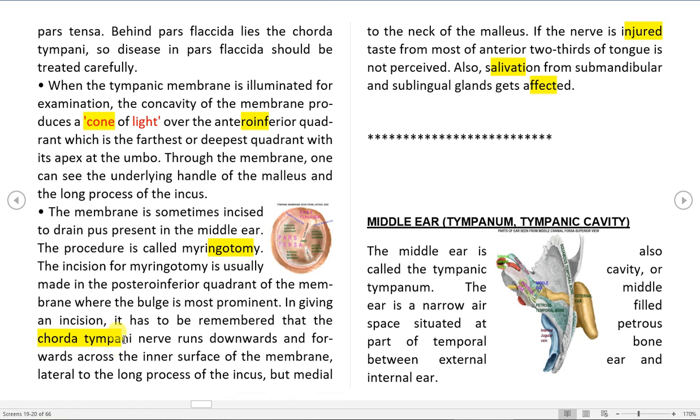If the chorda tympani is injured, the nerve supply to the salivary glands, submandibular and sublingual, gets affected. And if there is cross union between these branches of the facial nerve supplying salivary glands and sweat glands, then it will produce a different syndrome.